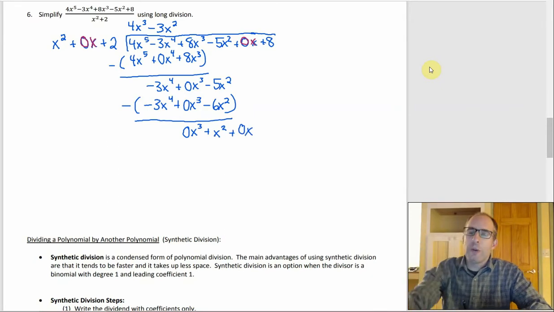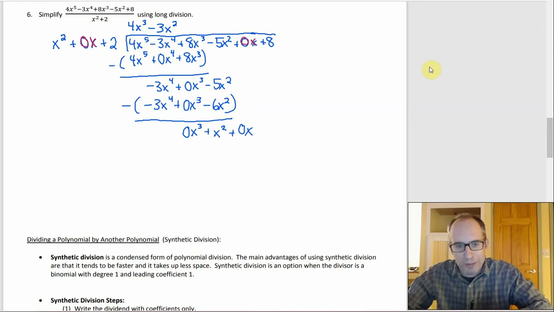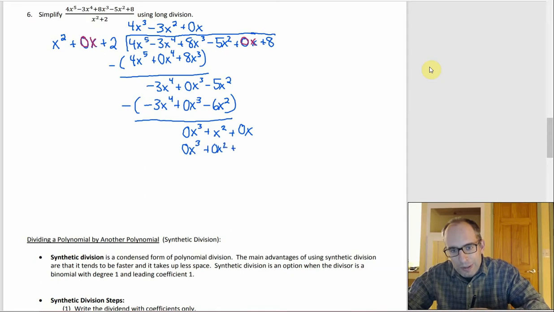In a way you could jump over this line, but it's probably better to write it in. Then in order to get a 0x cubed, you're going to need 0x. You just need a coefficient of 0 to get that right. But if you're multiplying by 0x, you're just multiplying by 0. So you're getting a row of all 0 coefficients.